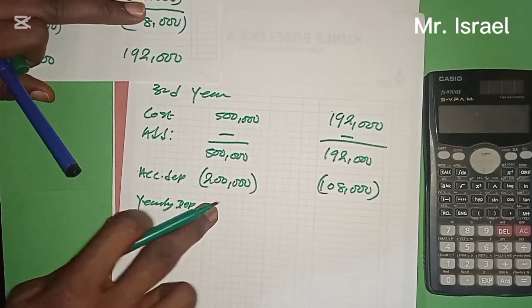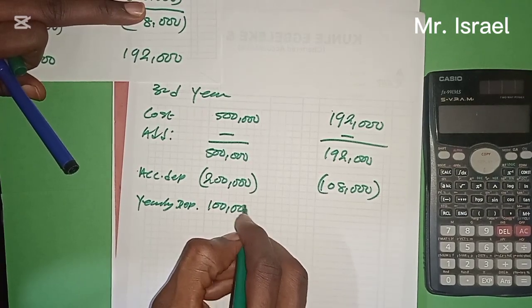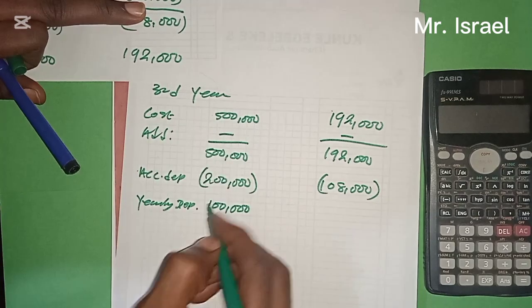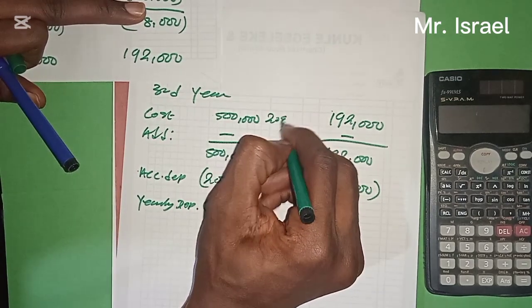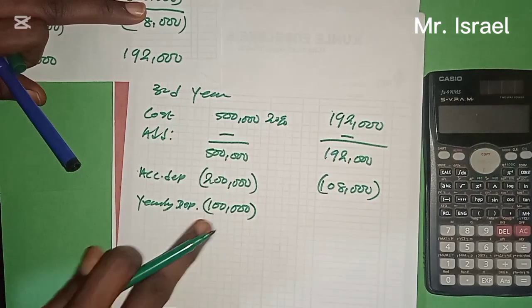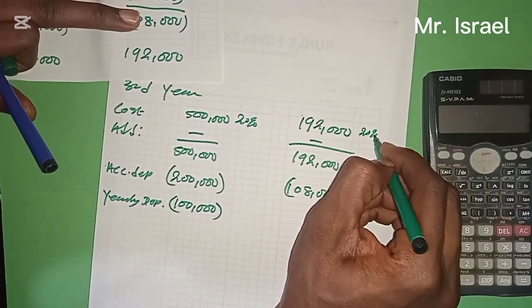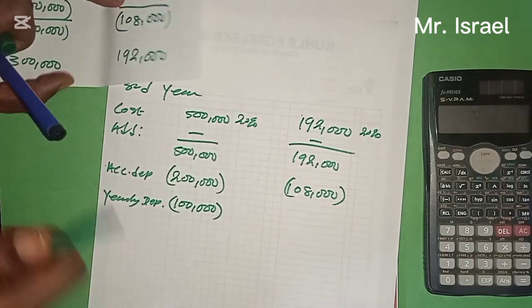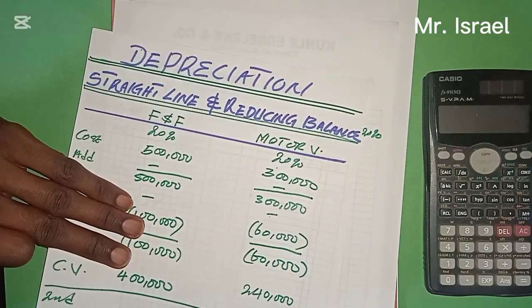Now the yearly depreciation here will still give you 100, because 100 is apportioned every year, because this asset is going to last for 5 years. If you use 20% on the cost, it will give you 100. Here now we're going to use 20% here. It has reduced. Remember, initially we used the reducing balance method.